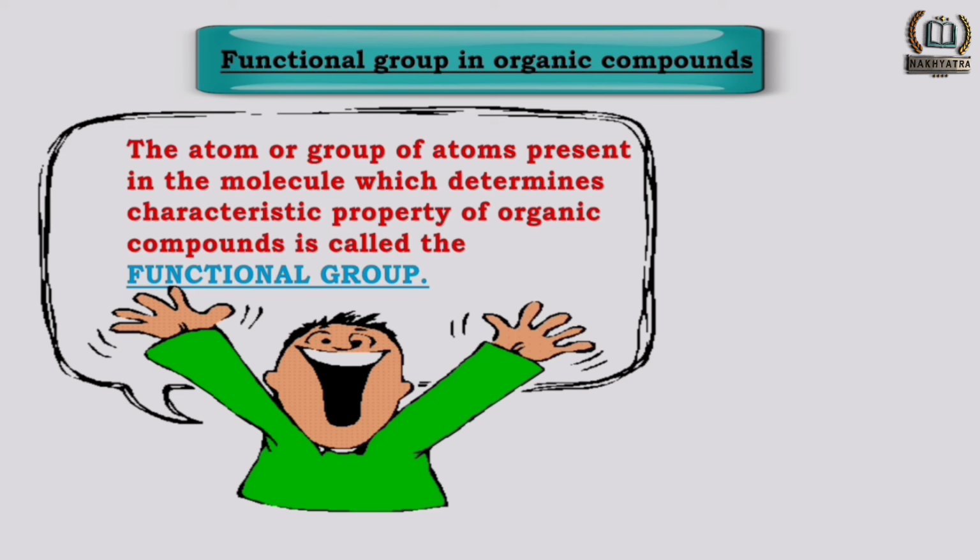First see the definition for functional group. The atom or group of atoms present in the molecule which determines the characteristic property of organic compounds is called a functional group. It's a very good definition, please note it down. So those are your functional groups.